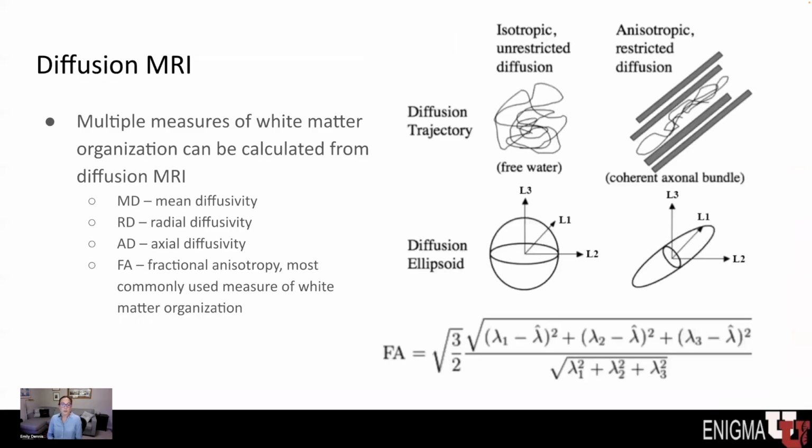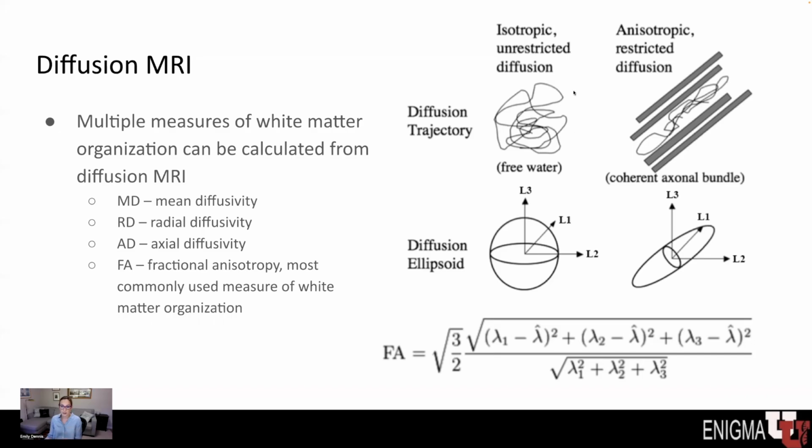There are multiple measures of white matter organization that can be calculated from diffusion MRI. The one that we use most often is fractional anisotropy, or FA. It's calculated using this equation, which you do not have to memorize. Just know that it is expressing the degree to which water is diffusing along the axon rather than across it.